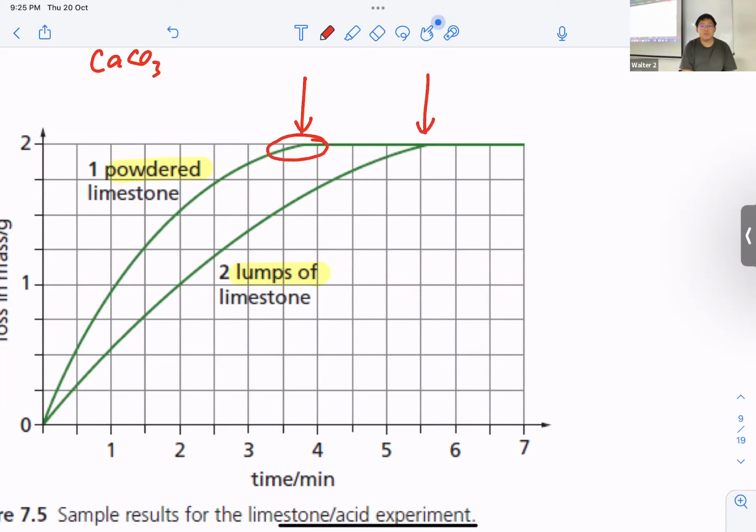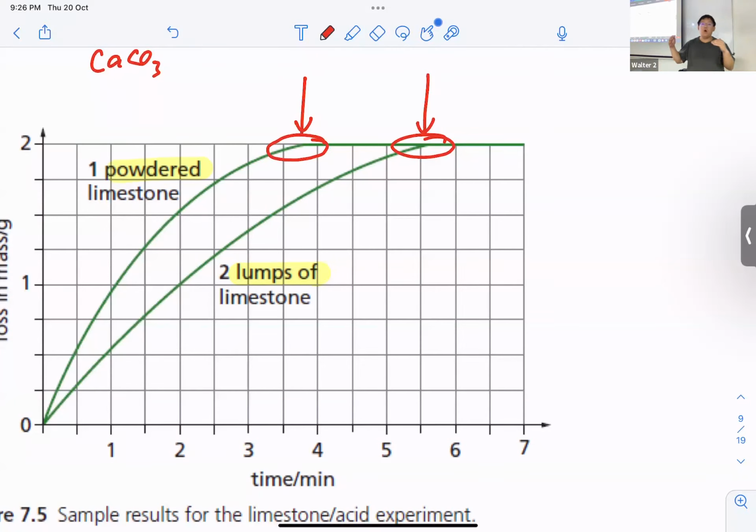It takes around, say, for example, 2.5 minutes or 3.75 minutes to finish the reaction, whereas for the lump limestones, it takes around 5.5 minutes to complete, which is over here. So that means that powdered limestone finished its reaction faster compared to the lumps of limestone.